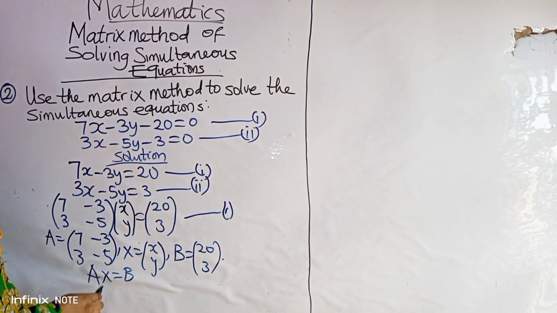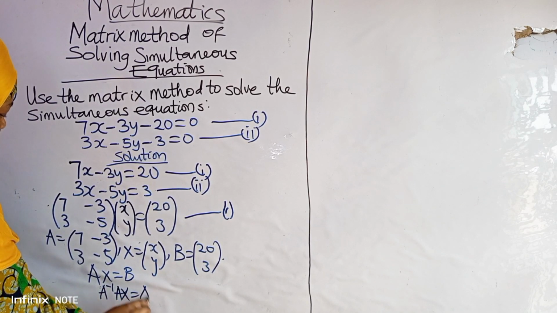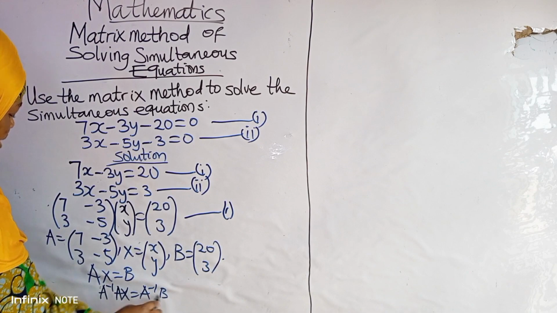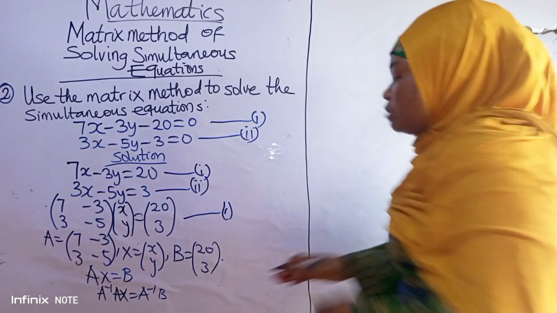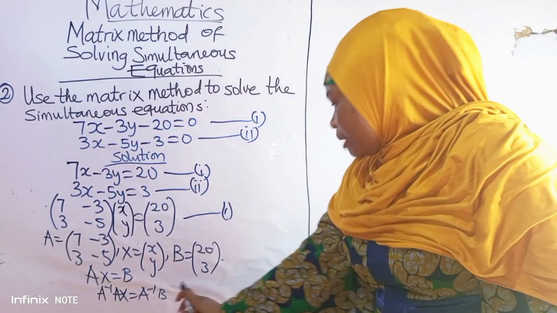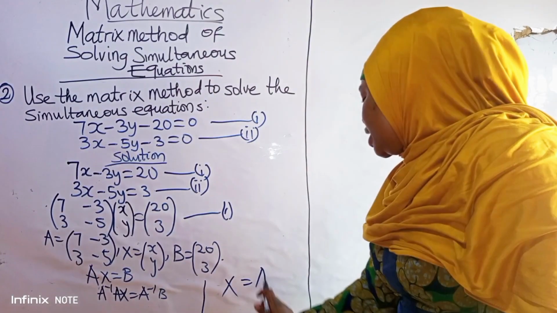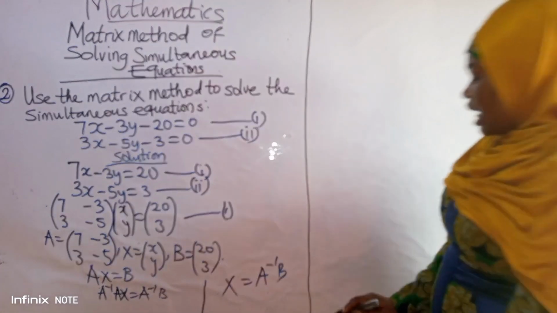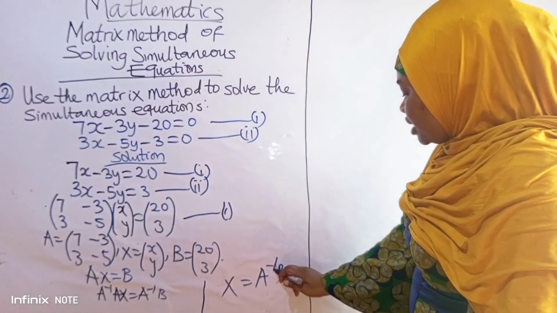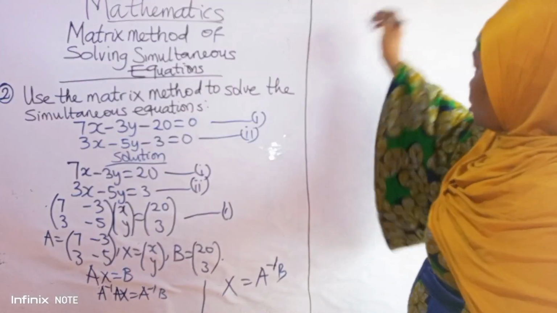Don't forget, multiply both sides by A inverse. So I have A inverse multiplied by A x is equal to A inverse multiplied by b. A inverse multiplied by A gives us the identity matrix, and the identity matrix multiplied by x gives us x. So x is equal to A inverse multiplied by b. To find A inverse, I need to find the determinant of A to determine whether it has an inverse or not.